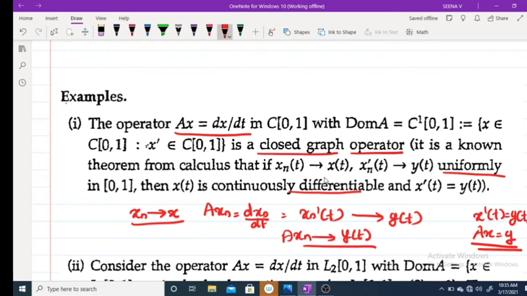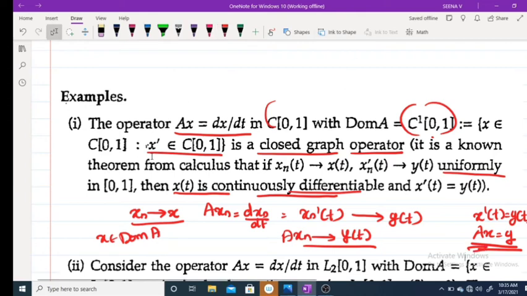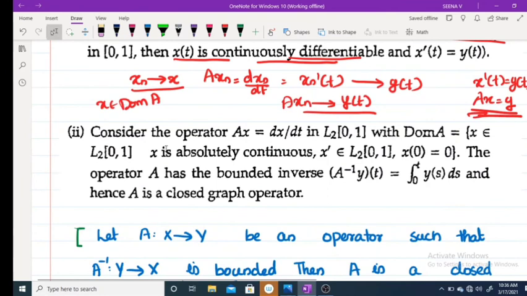Also x(t) is continuously differentiable, which means x is clearly in the domain. Thus we get x is in domain of A and Ax equal to y. Therefore, this operator Ax equal to dx by dt in C[0,1] is a closed graph operator.